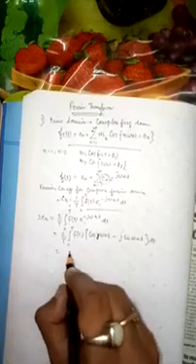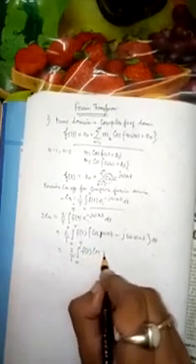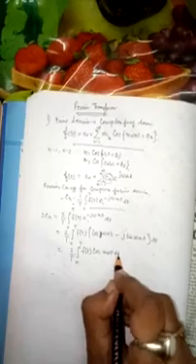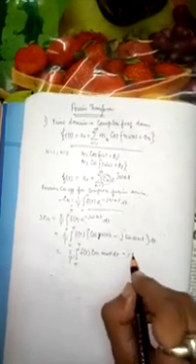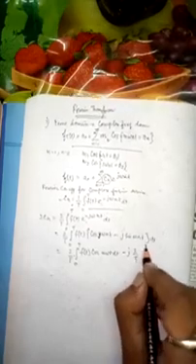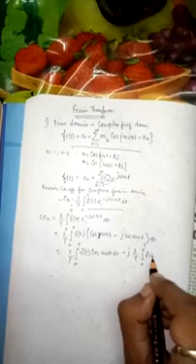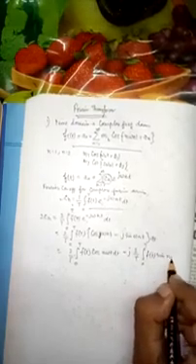So this is 2 by T integration 0 to T f of t cos of n omega t dt minus j into 2 by T integration 0 to T f of t sin of n omega t dt.